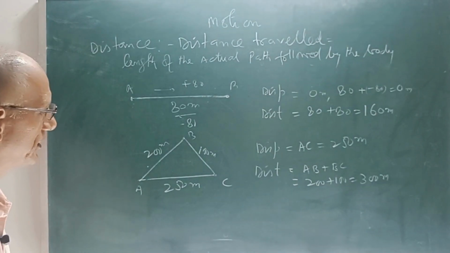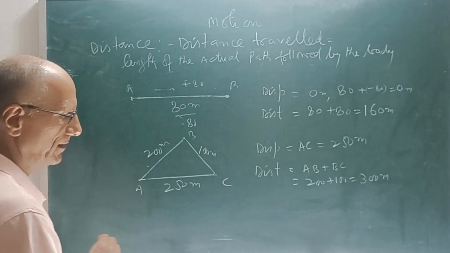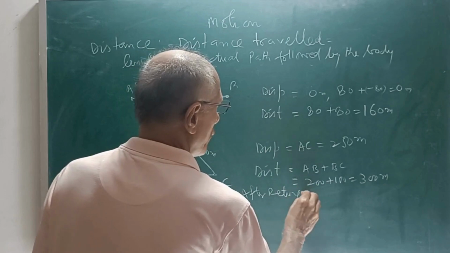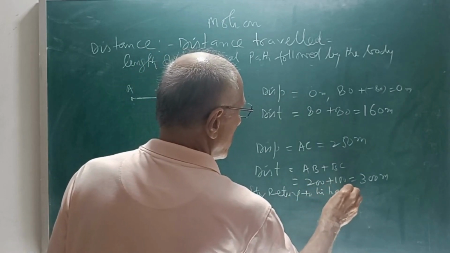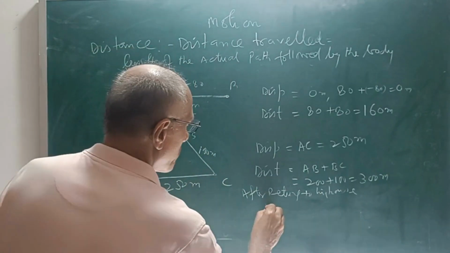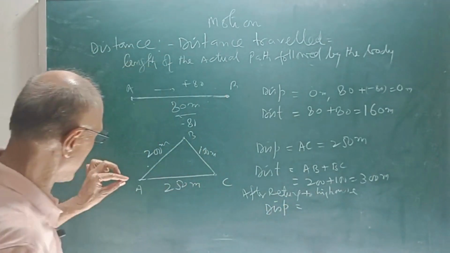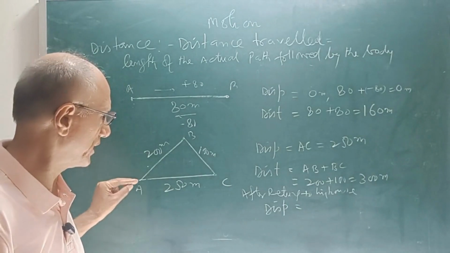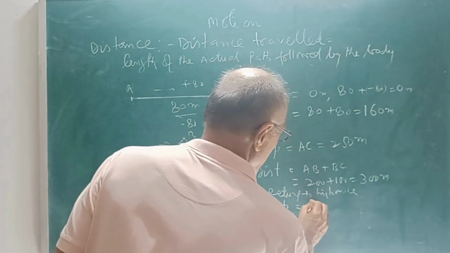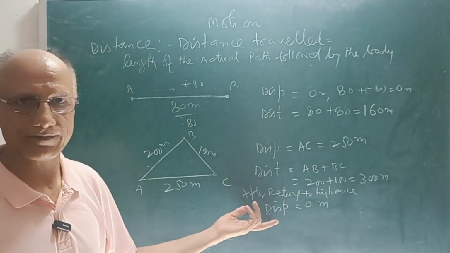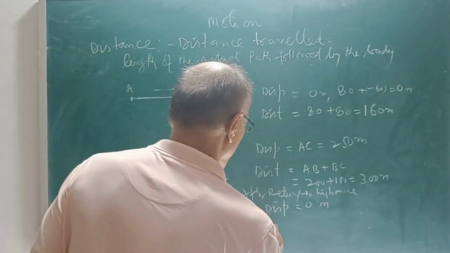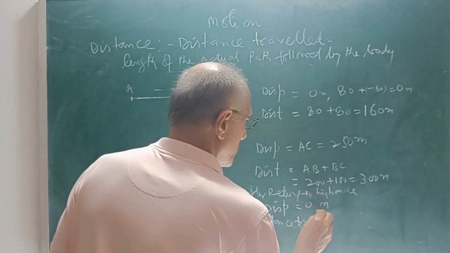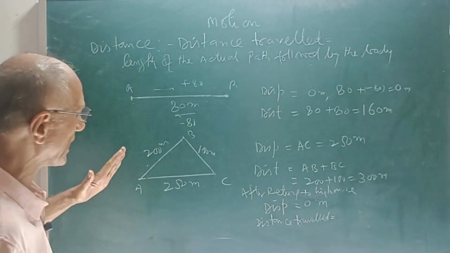Now finally, suppose he returns back to the house. After returning to his house, what is the displacement? Again, the initial position was A and the final position is again A. So there is no change in position. That means 0 meter displacement. Now the distance traveled is the actual path followed.